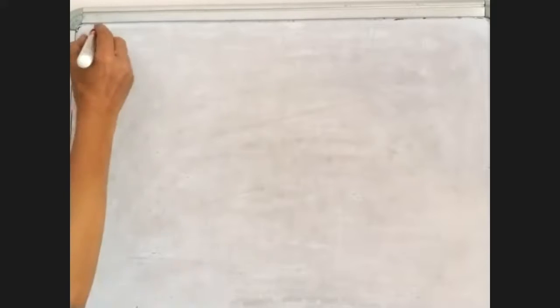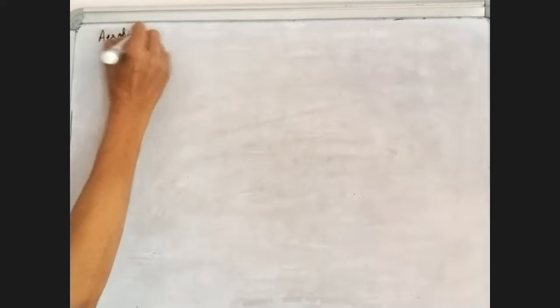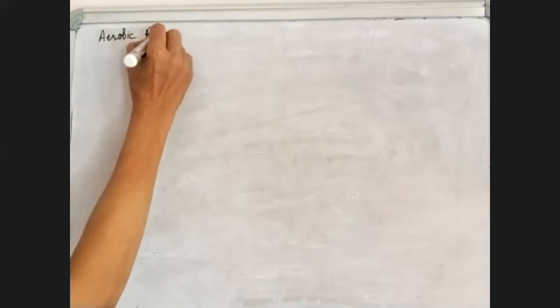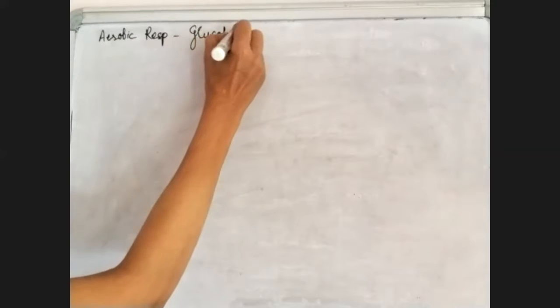Now here, which processes are included in aerobic respiration? That I want to tell you first. The processes included in aerobic respiration are glycolysis, which is a common process in both aerobic and anaerobic respiration. The second is Krebs cycle.